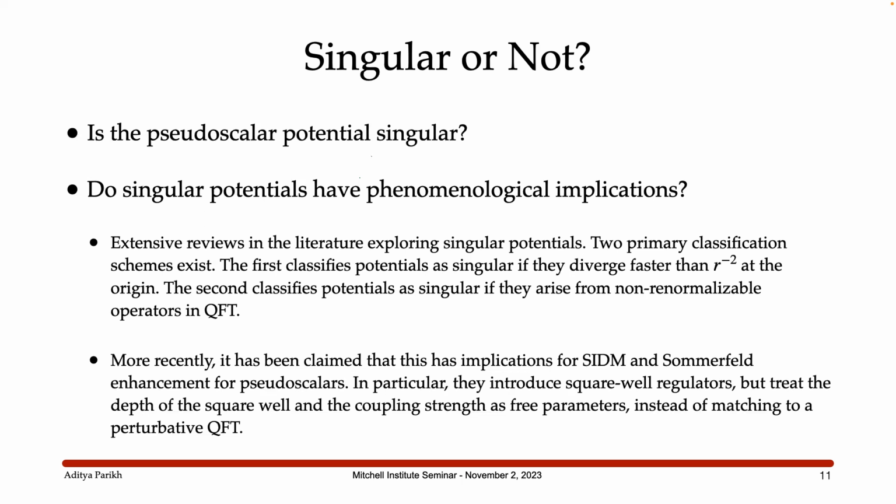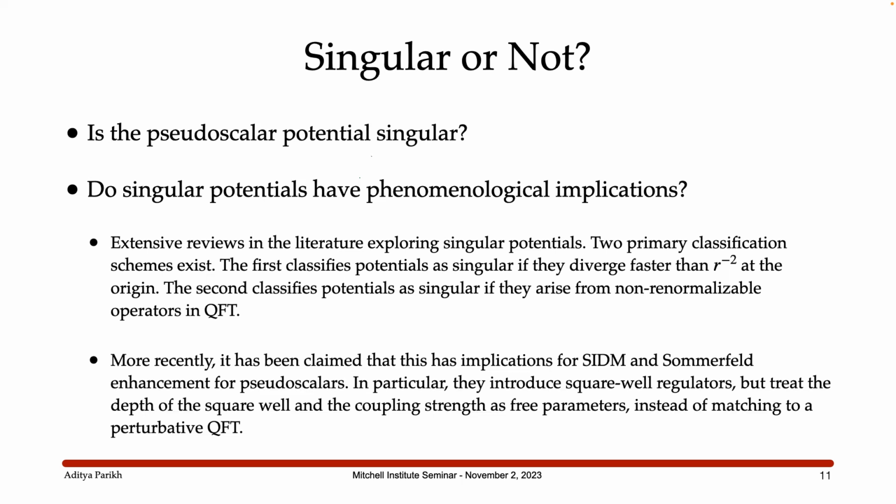And then, if you fast forward to maybe the past 5-10 years, people have claimed that you can also get Sommerfeld enhancement, and you can have implications with these singular potentials for things like SIDM scattering and Sommerfeld enhancement.